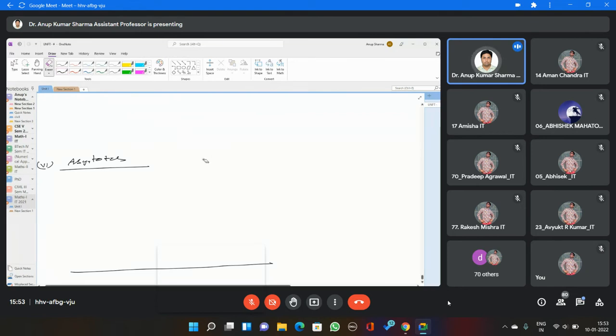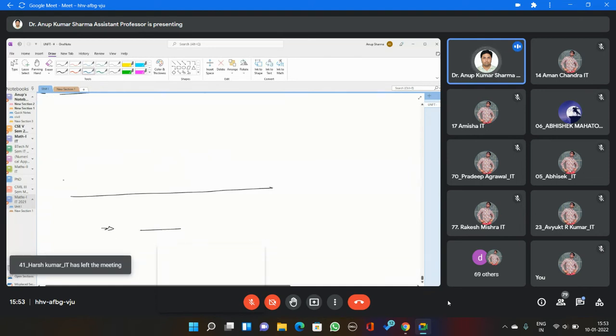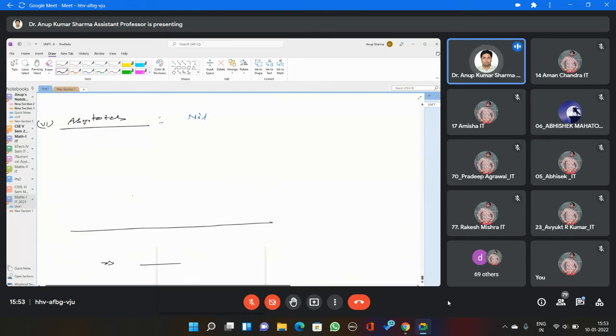In short form, writing nil. And the last one was the region of absence of the curve.